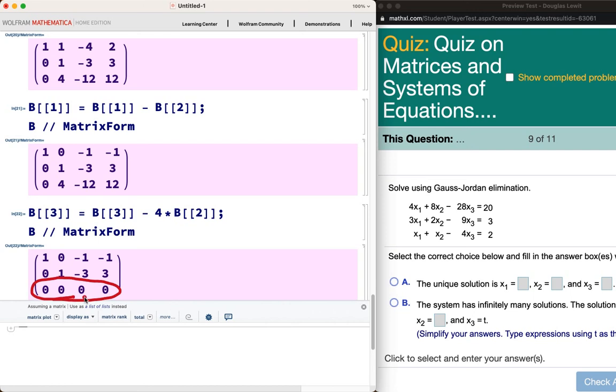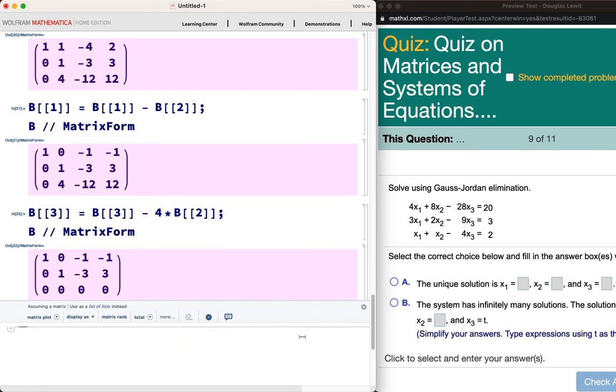Look at that bottom row of zeros, and that tells me a whole lot, because what that tells me is 0 times x1 plus 0 times x2 plus 0 times x3 is going to be equal to 0 for any combination of values of x1, x2, and x3. So x1, x2, and x3 are not going to be unique values.